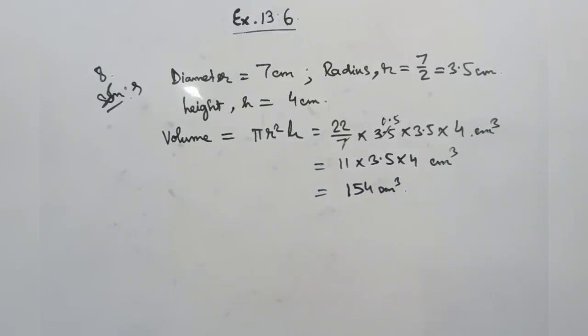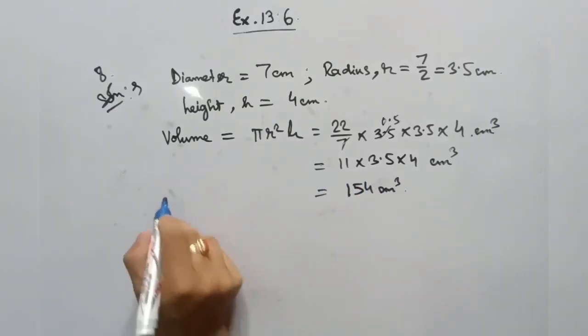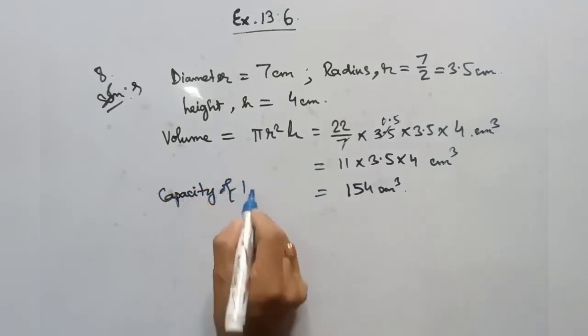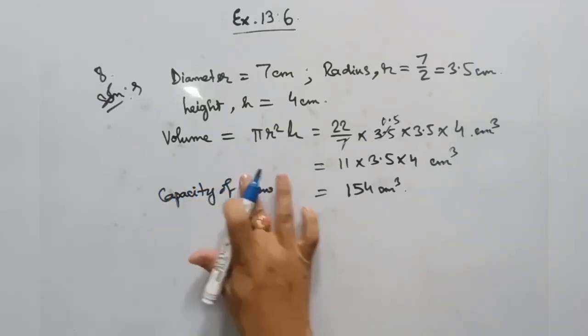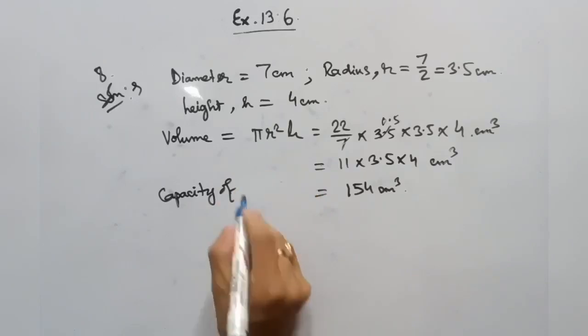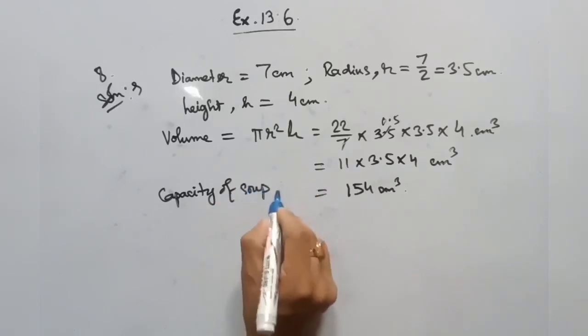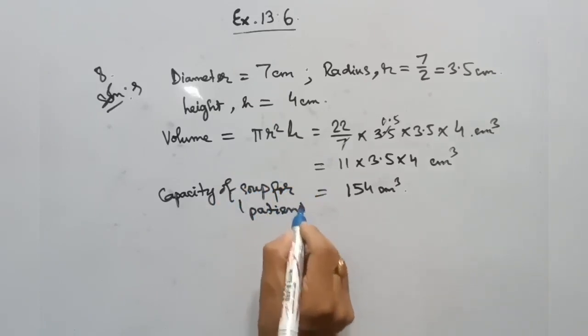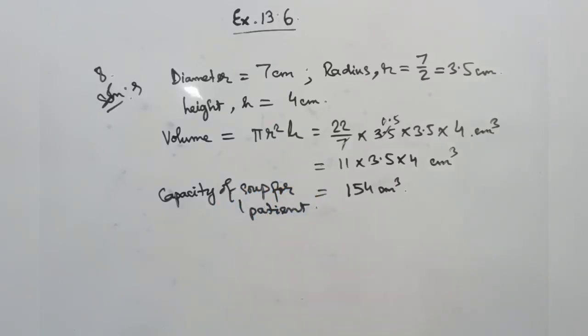This 154 centimeter cube is the capacity of one bowl, the capacity of soup served to one patient. And now we have to find the volume of soup for 250 patients.